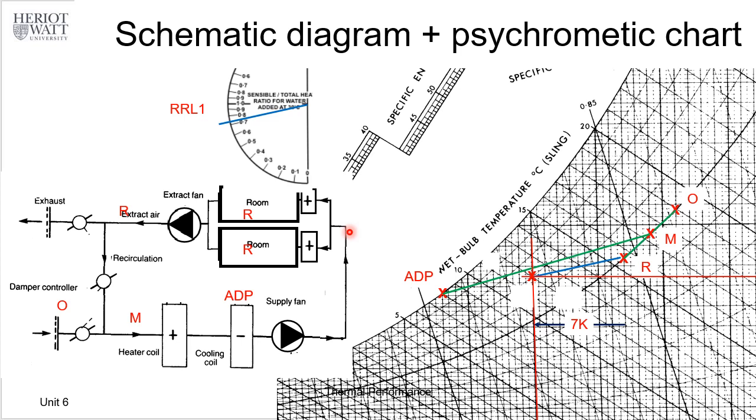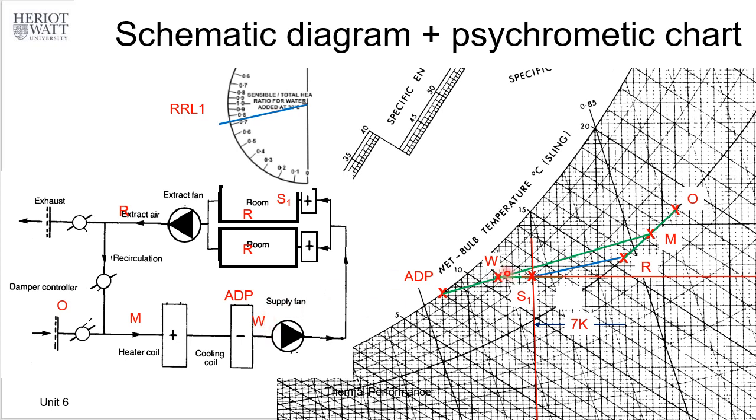The heater doesn't change moisture content, so this line will be horizontal. So from supply S towards this will be a horizontal line, to meet the M and ATW. So here, this will be W, off the coil.